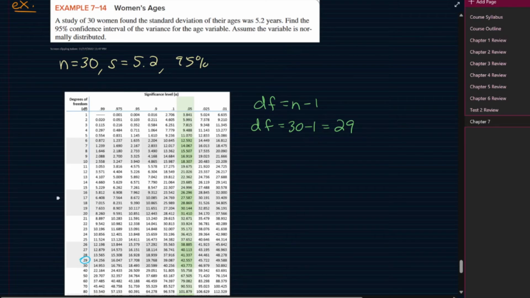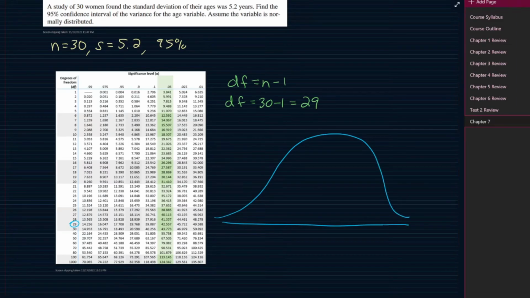So we want a 95% confidence interval, meaning that this inner percentage is 95%. So if we've got 5% left to divvy up, that means we want 2.5% here and 2.5% here. So in decimal form, the area to the left of this value is 0.025.